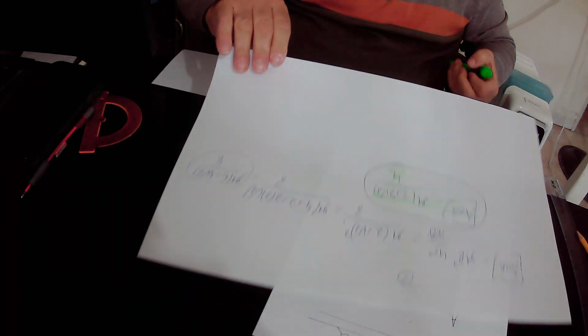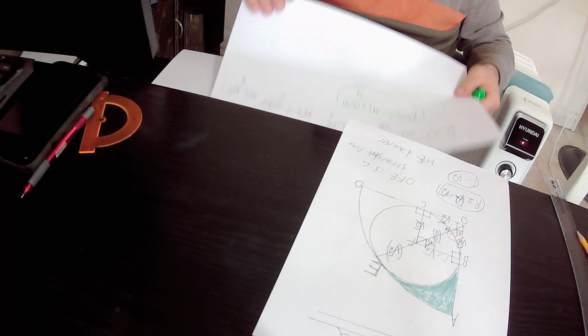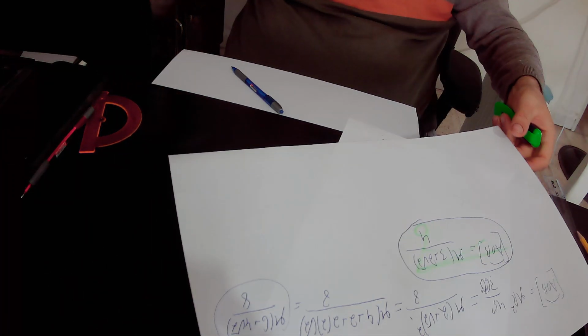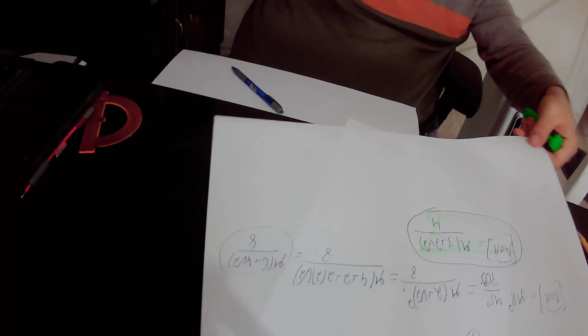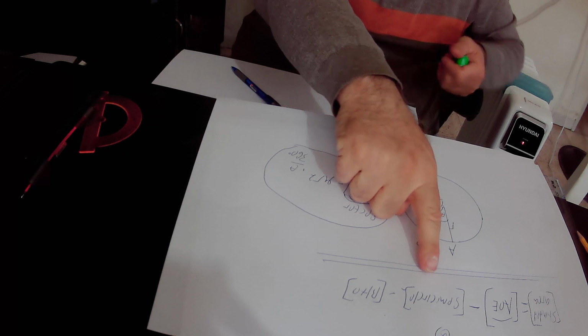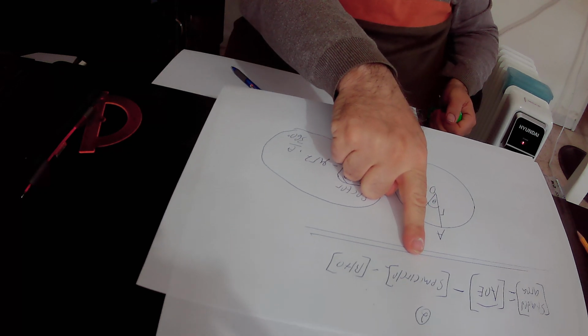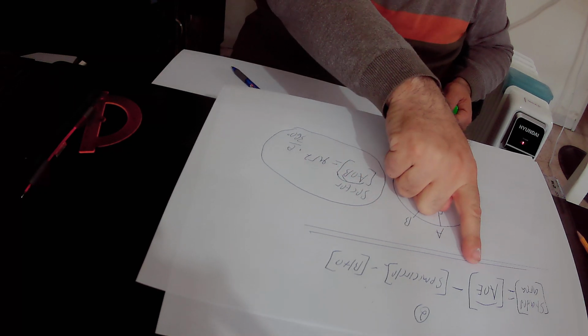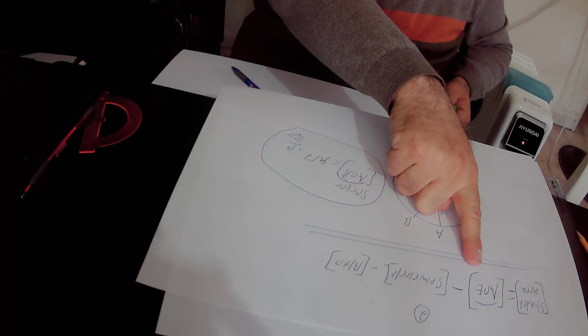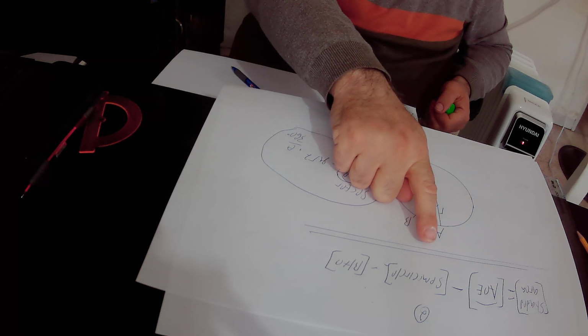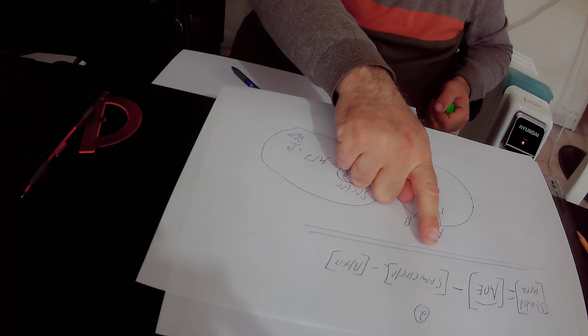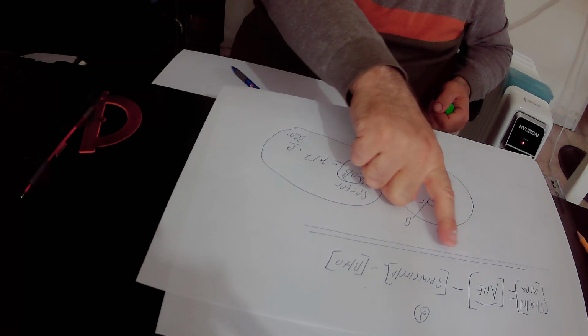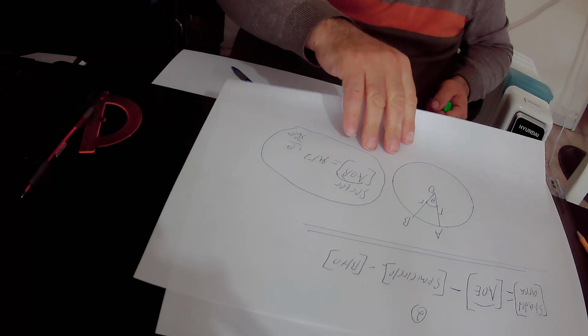In the next step, we have to find the area of the semicircle. We already found the area of sector AOE. Now we have to subtract from the area of the sector AOE the area of the semicircle.